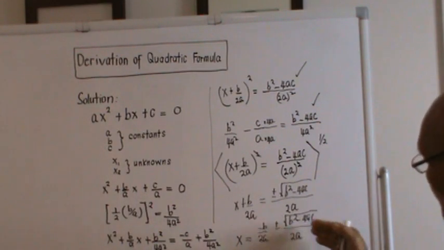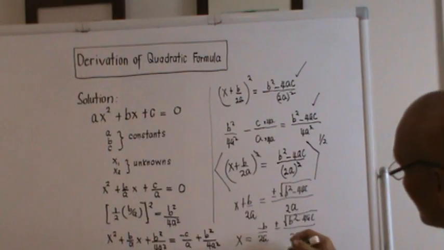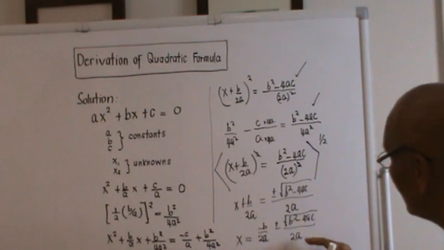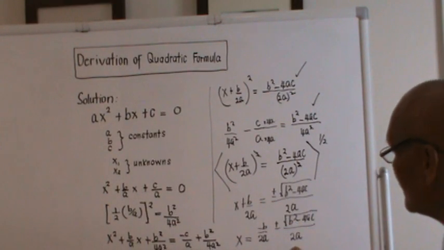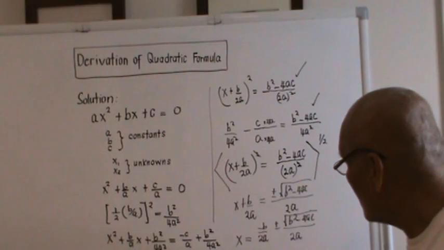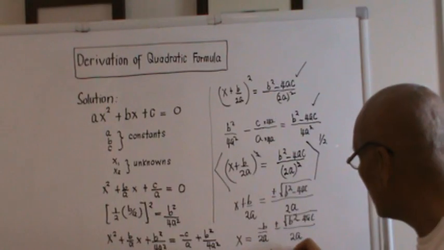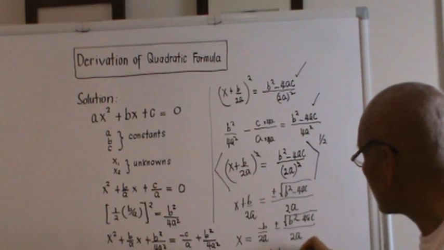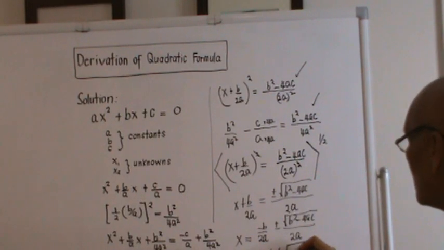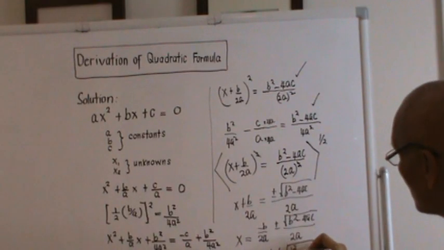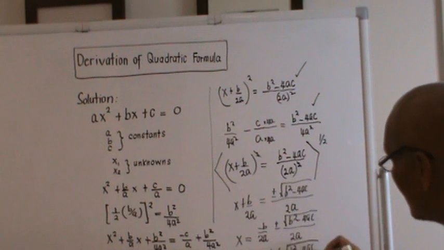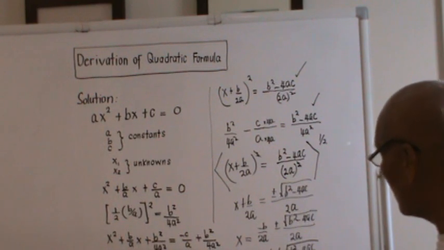And actually, we could combine the right hand side because the denominator here is 2a, the denominator here is 2a. So x now will be equal to negative b plus or minus the square root of b squared minus 4ac. The denominators are the same, so this is actually all over 2a.